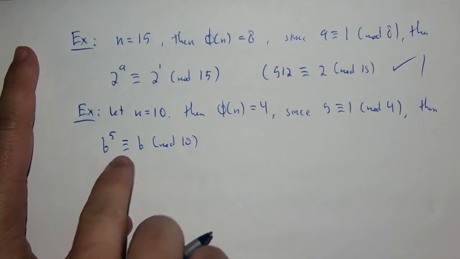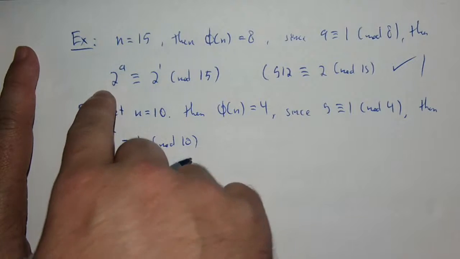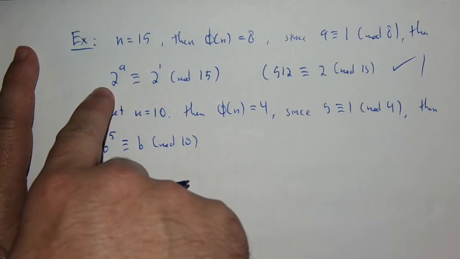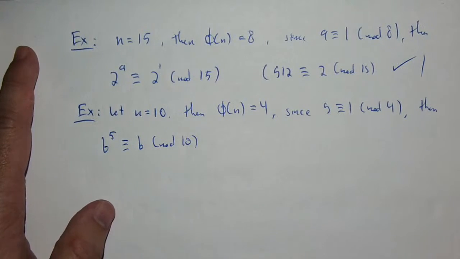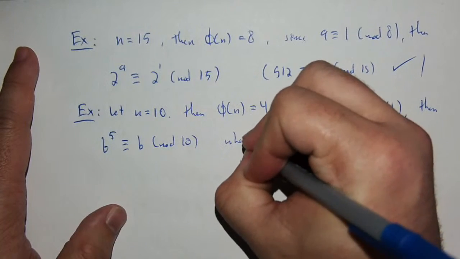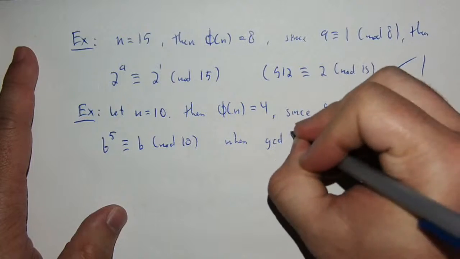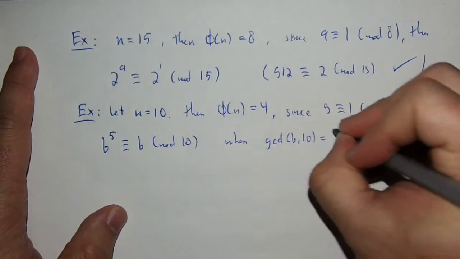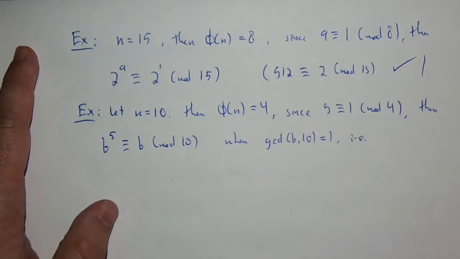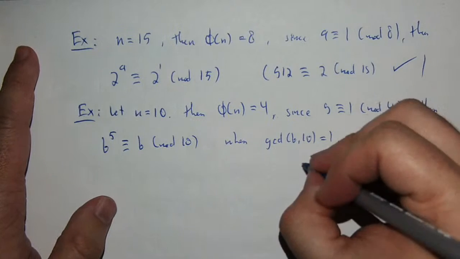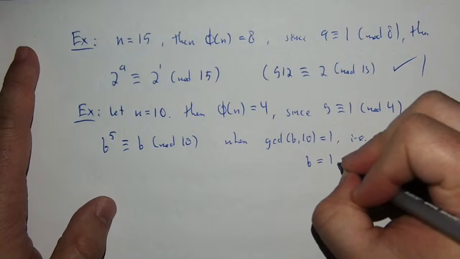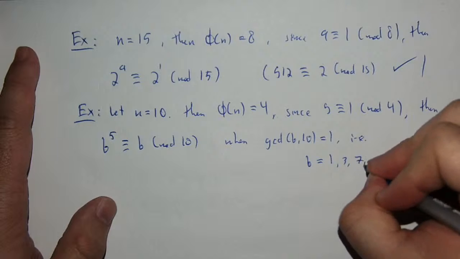Exactly when what? What's the other assumption? I need b to be relatively prime to n, which in this case is 10. So this is true when the GCD of b and 10 is 1, i.e., if b is 1, 3, 7, or 9.